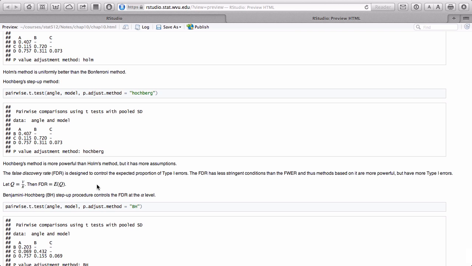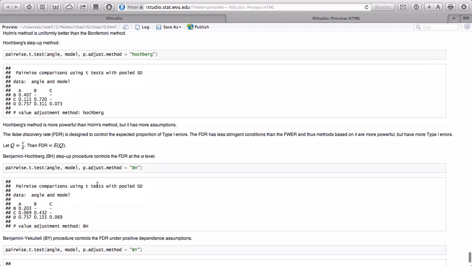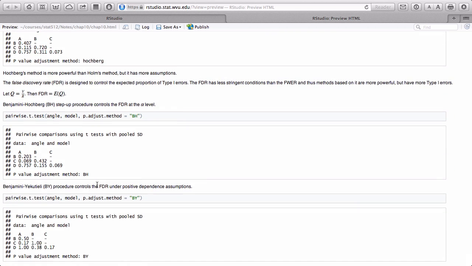There are two procedures I'm going to mention here, whose names I can't pronounce particularly well: the Benjamini-Hochberg, the BH method, which is more liberal than the family-wise error rates and is a fairly nice procedure.